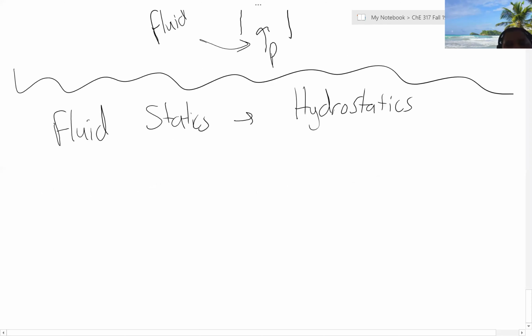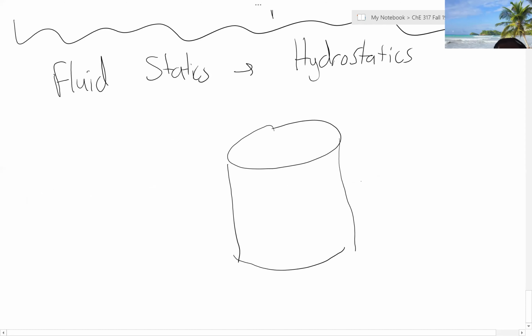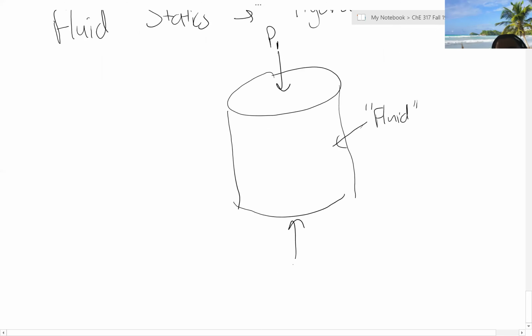So if I had a column of fluid, I could say that there's some pressure at the top of that fluid, P1, and some pressure at the bottom of that fluid, P2.